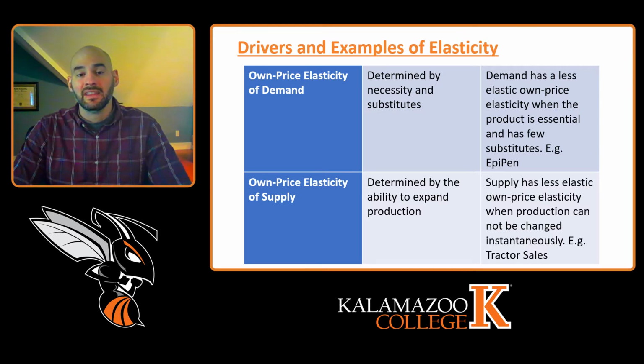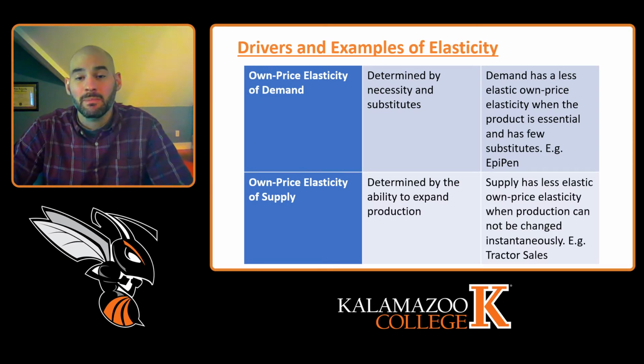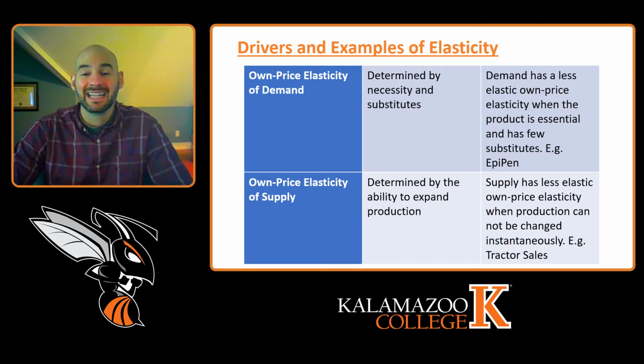So similarly, there is an own price elasticity of supply, which is going to be determined by the ability to expand production. So we'll think that supply has a less elastic own price elasticity when production cannot be changed instantaneously.